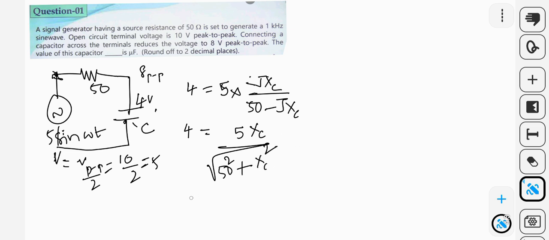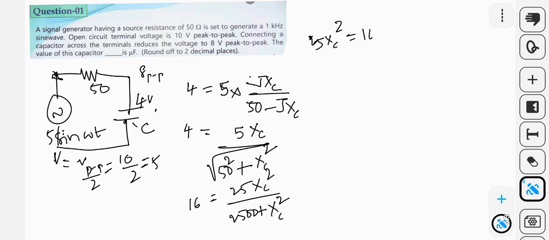Okay, we can do squaring on both sides. Once we do squaring on both sides, we get 16 is equal to 25 Xc squared divided by 2500 plus Xc squared. If we simplify this further, we get 25 Xc squared is equal to 16 into 2500 plus 16 Xc squared. So 9 Xc squared is equal to 16 into 2500.